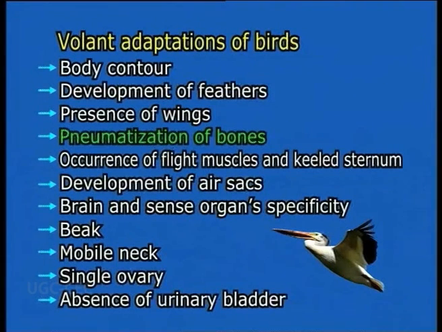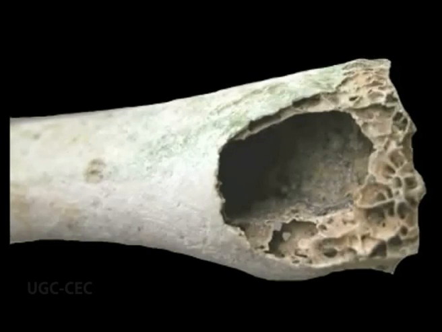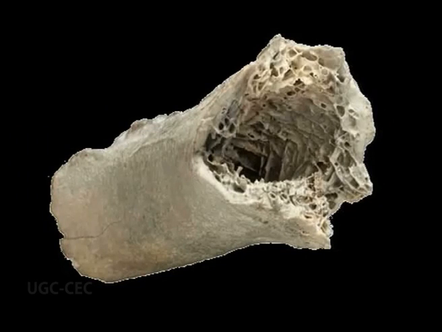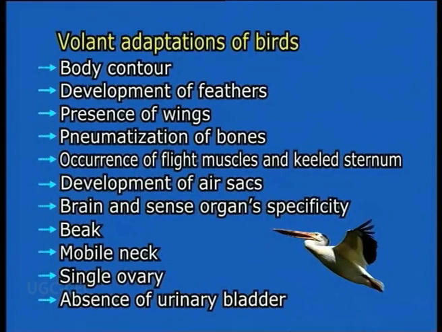Pneumatization of bones. The bones of birds are hollow and air-filled. They also contain many air cavities. These add buoyancy during flight. Occurrence of flight muscles and keeled sternum. In birds, specific flight muscles are developed which connect the wings with limb bones.